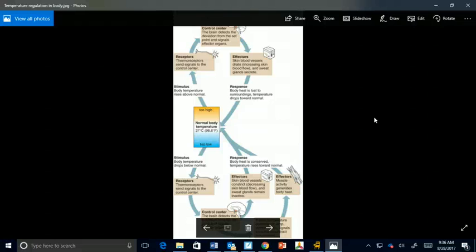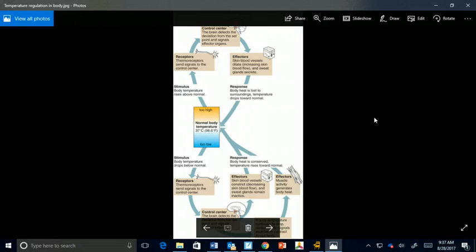The negative feedback loop is most common, right? What it does is when the receptors sense that there's a change, in other words, I'm warm in this place, your brain, who is the control center, says, hey, okay, sweat glands, start releasing sweat. That would be the effectors.